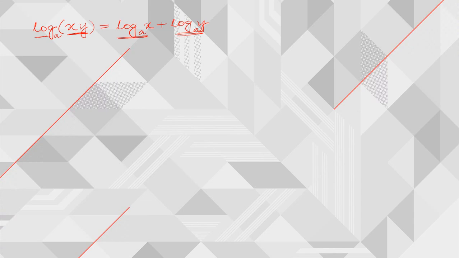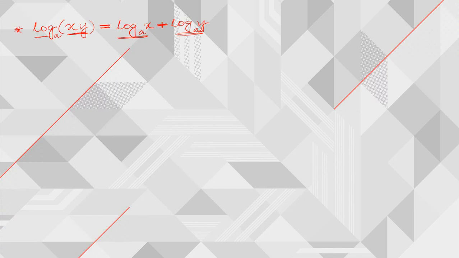So multiplication has become addition. Addition is comparatively easy to solve when compared to multiplication. So the main application of logarithm is to make problems simple, right? Here multiplication becomes addition. This is nothing but the first law of logarithms.